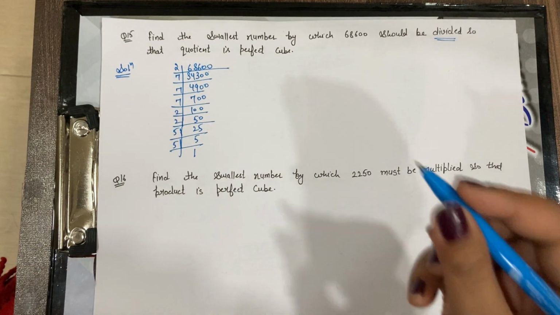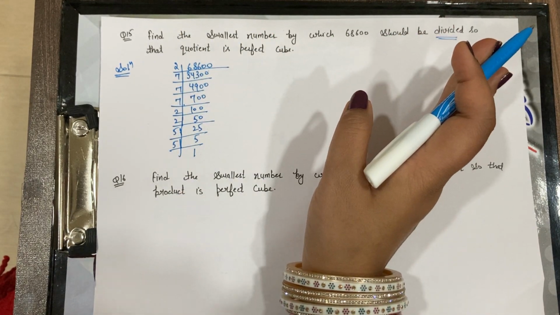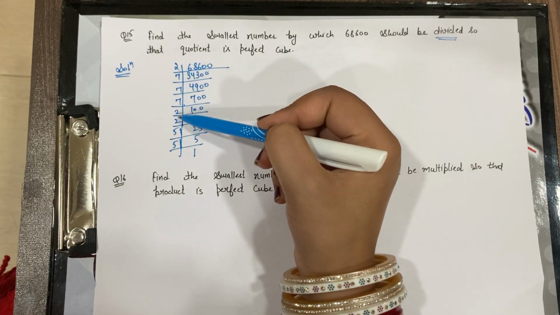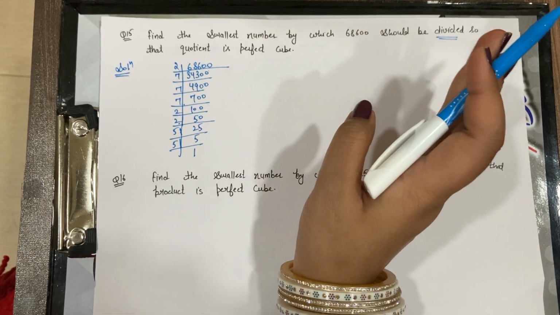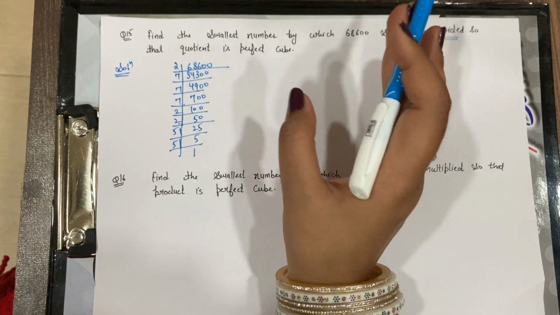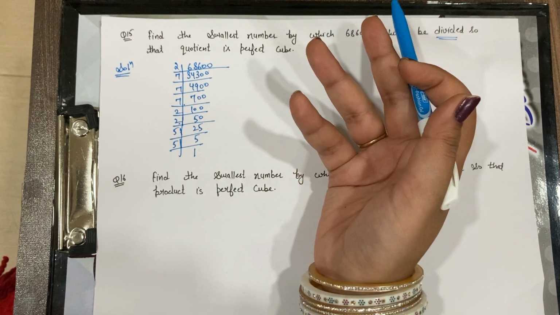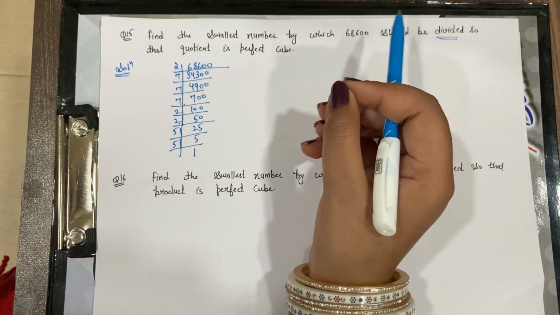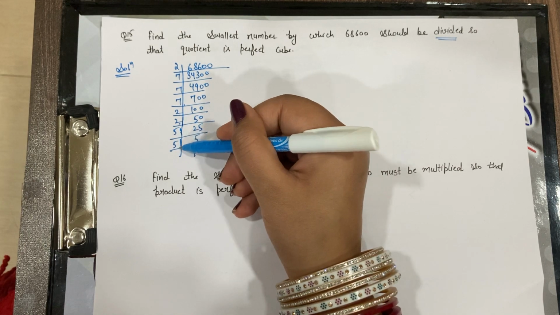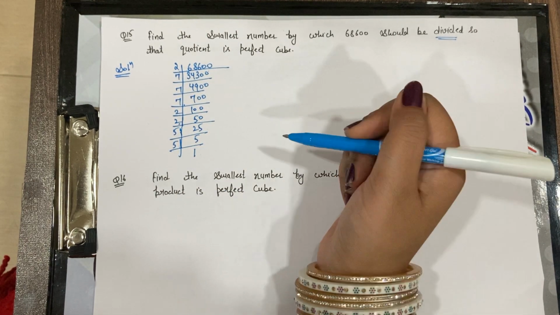See, 7 is there 3 times, so 7 is okay. We need not work with 7. 2 is there 3 times, so we are okay with 2 also. 2 is not a problem because it has its triplet. 7 and 2, both numbers have occurred 3 times, so it is not any issue. We do not have to remove them. The problem is with 5. We are short of one 5, so the triplet is not forming.